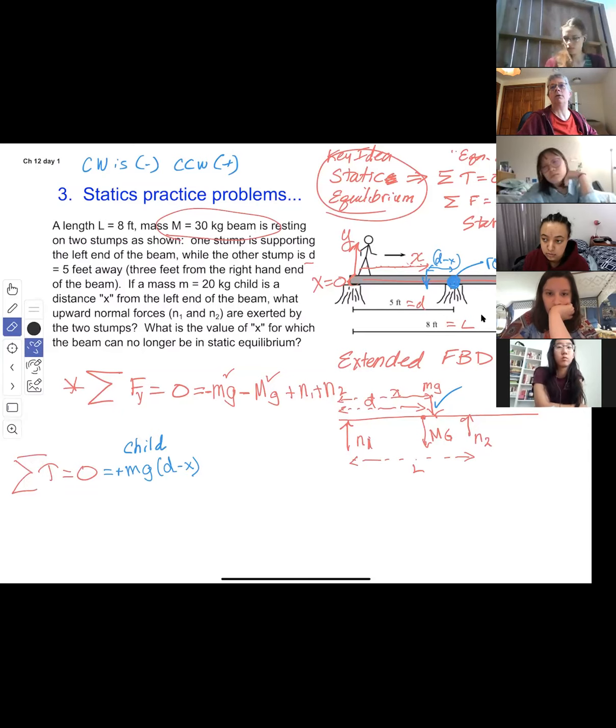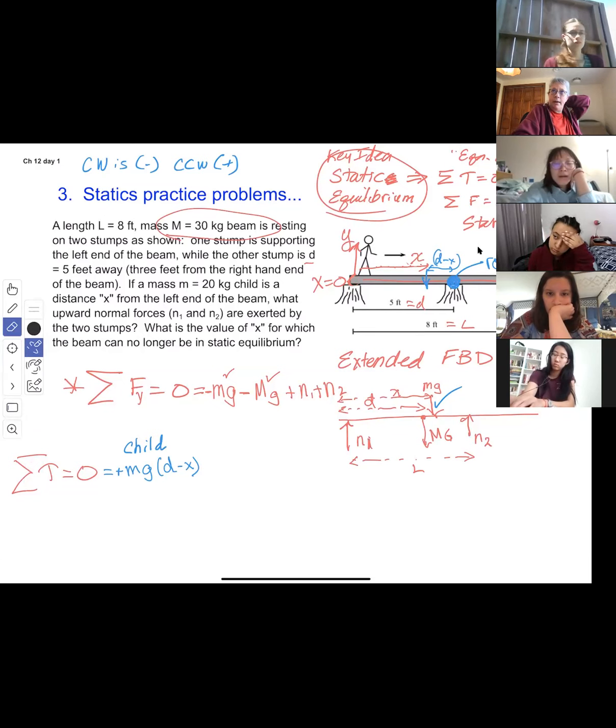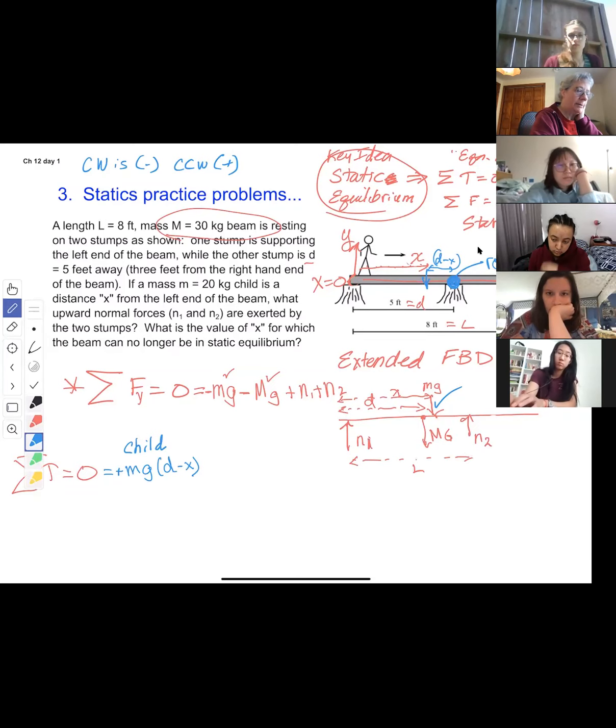Okay, so let me go to the next group, which is Angela, Grace, and Piper. Angela, could you figure out what torque this normal force N2 would have if the rotation point is right above the second stand?